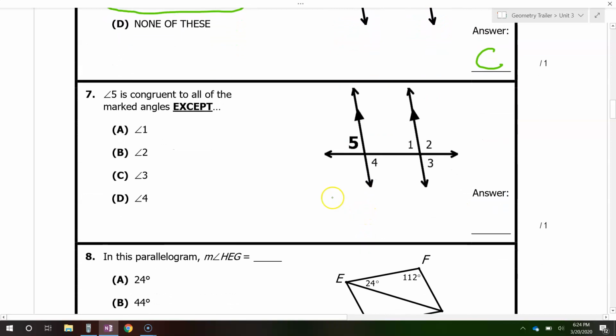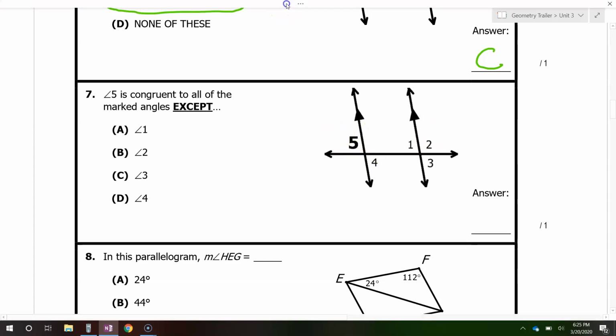All right, 5 is congruent to all of the marked angles except for what? Okay, well, here's what I like to do for these. I think it would be fun to make up a number and then see where it would go. So to me, this seems to be an acute angle.